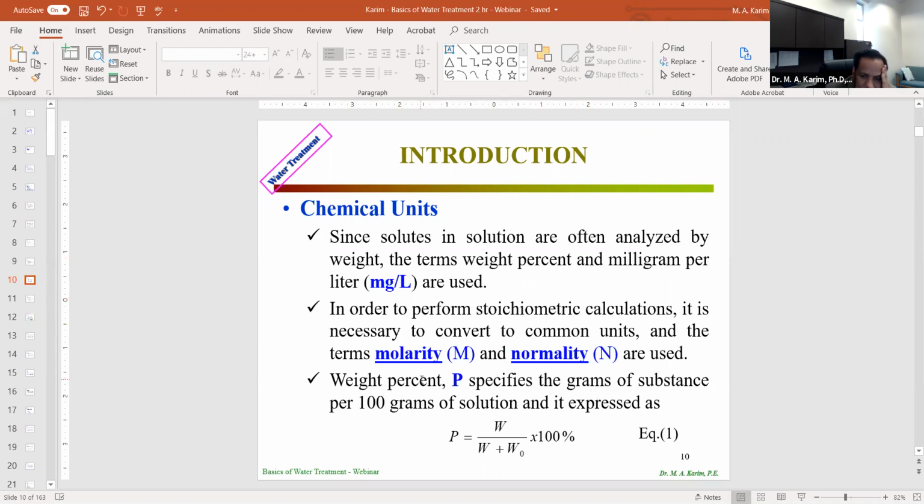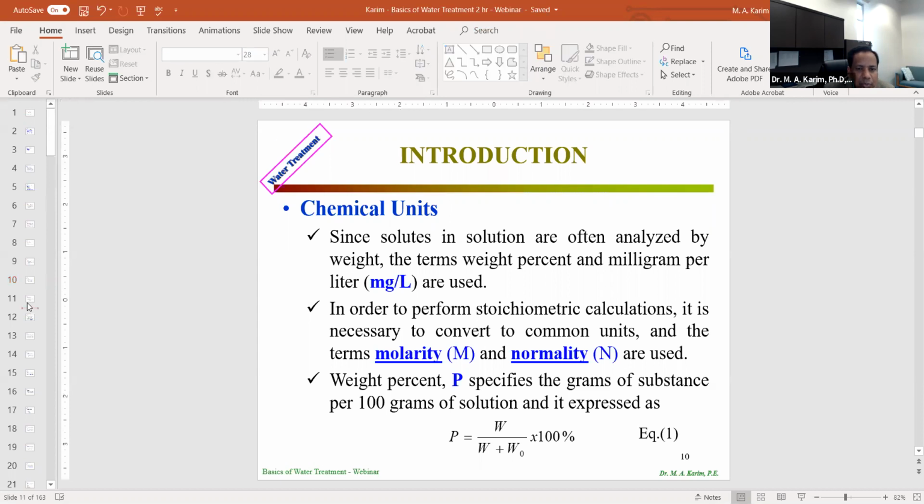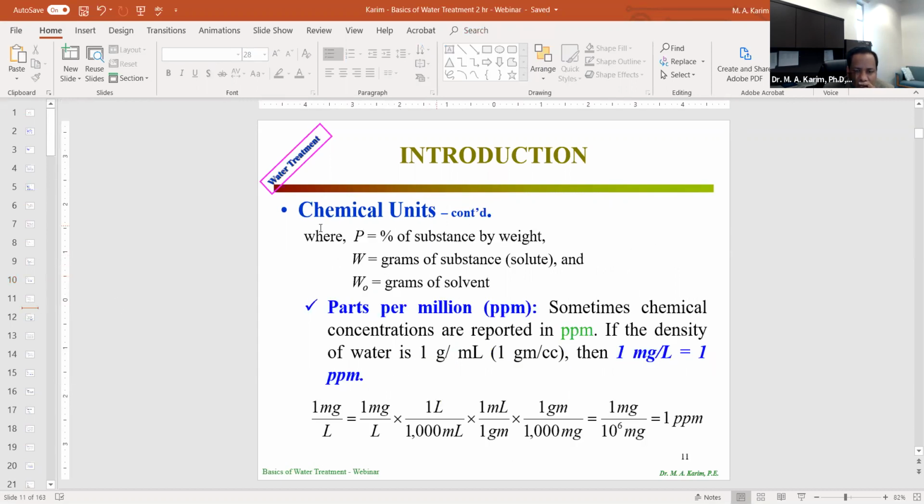Then the other one we use is percentage. Say 10% pollution means 10 milligram would be the weight of the pollutant if we have 100 liter of the solution, or 1 liter of the solution, 10% or 100 milliliter of the solution, or whatever we call it. So that's equation number 1. I have a little more description here of how we get it.